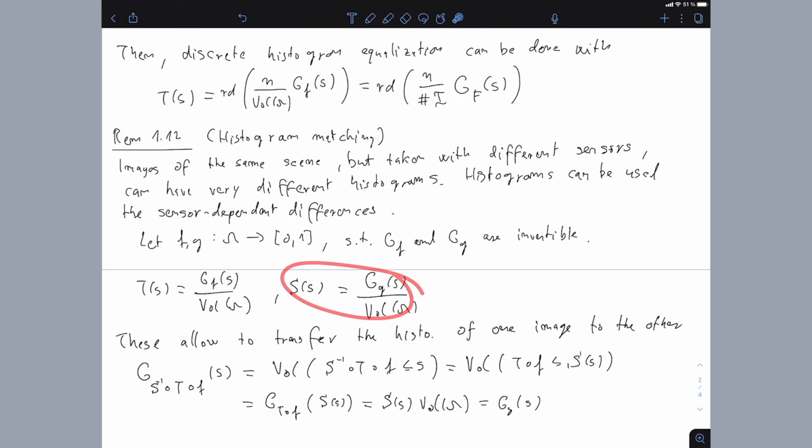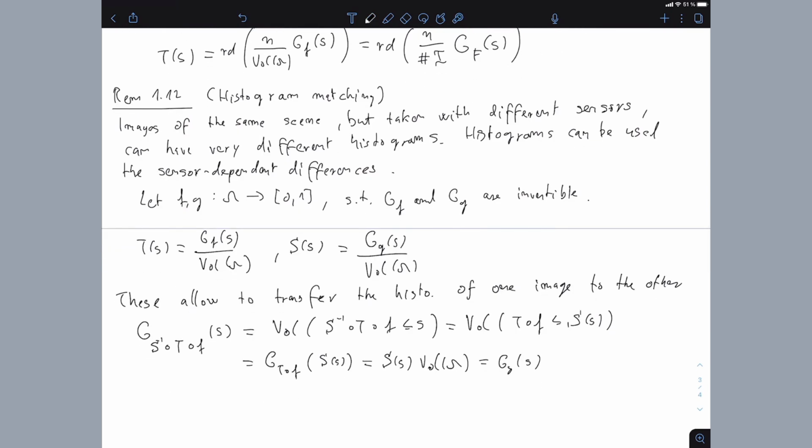So that means after applying these two transformations, the histogram or the CDF of f coincides with the same thing of g. So the histogram of s inverse g f and g coincide.